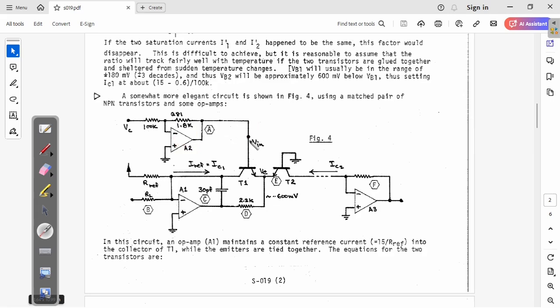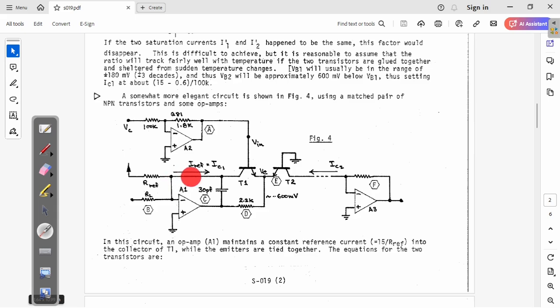Now I can focus on the other part. Okay, so what we want to do, and I'll show why it's important because of the equations coming up next, is to have a constant reference current going into the collector of that first transistor.